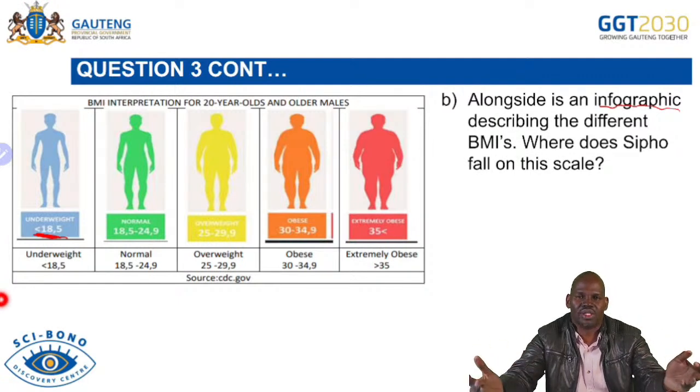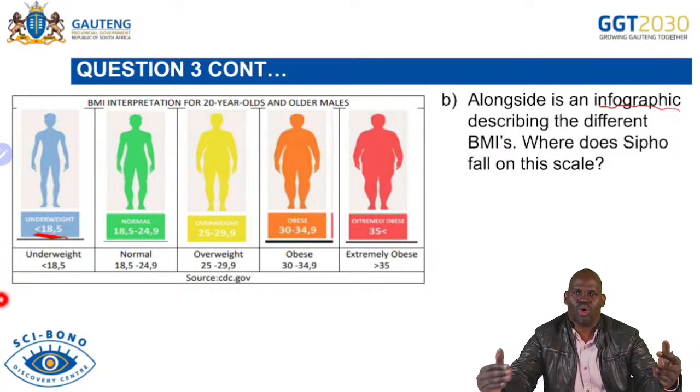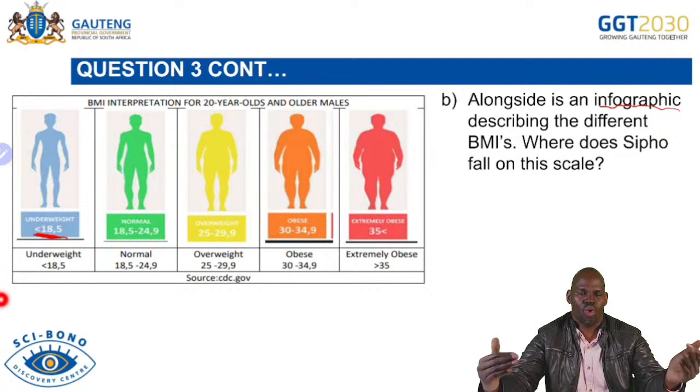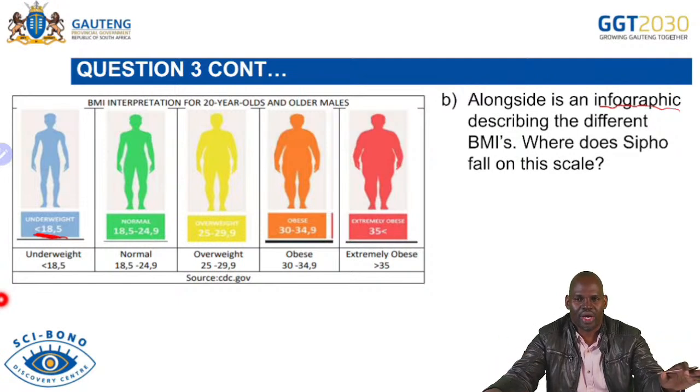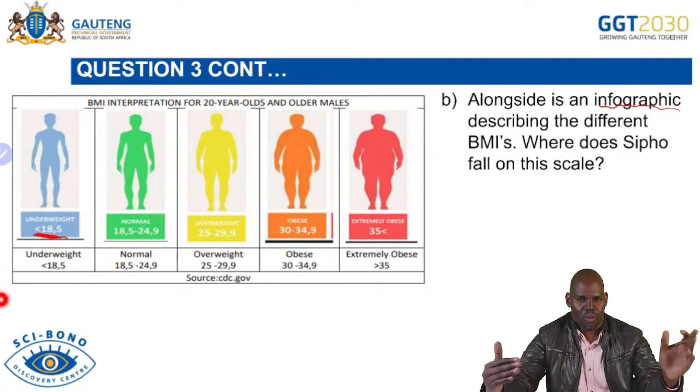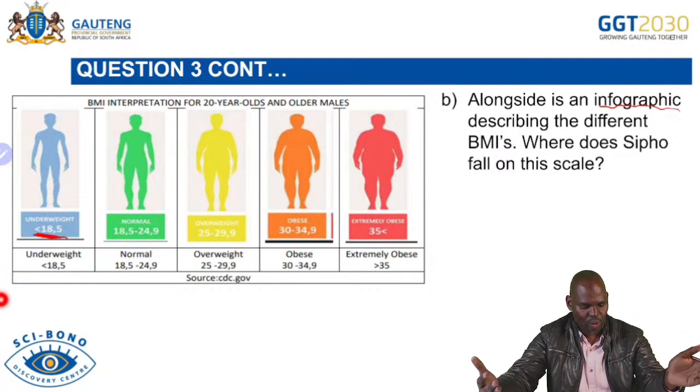So in most cases, your BMI is calculated based on your own weight and your own height. Then from there, we'll be able to see whether you are underweight or normal.